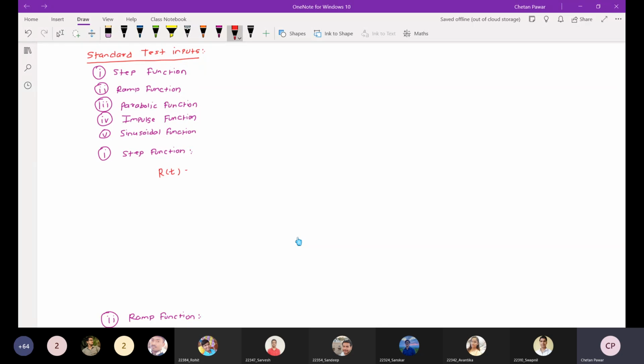What is the mathematical equation of the step function? So R of t will be A times u of t, and what is the unit step when A is equal to 1?